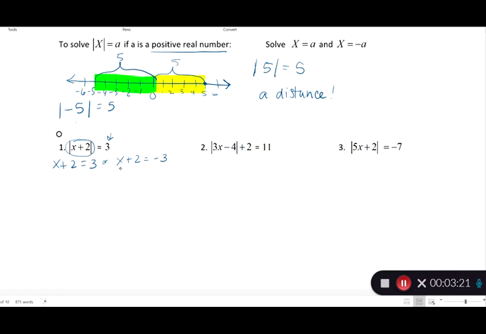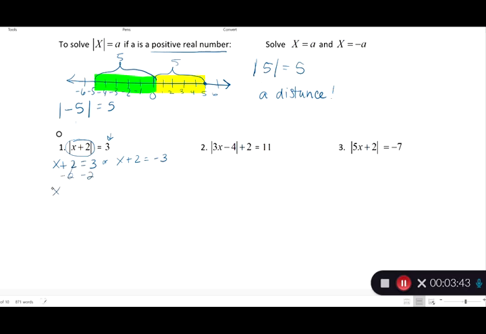Things to remember: it has to be equal to a positive number, and it has to be an absolute value equals a number. There can't be any addition or subtraction or anything on either side. Once you know that, you can do x plus 2 equals 3 or x plus 2 equals -3. Solve for x.